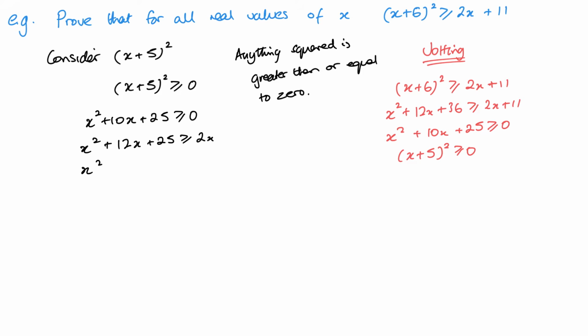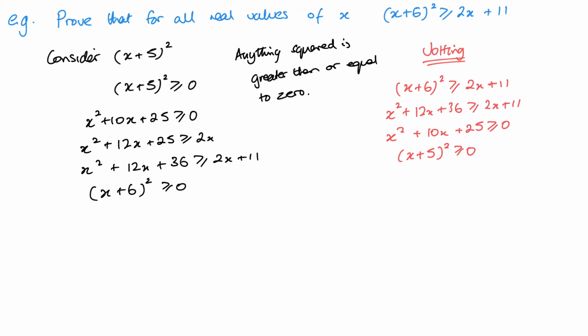Then you can add your 11 to both sides. And then you can refactorize. And something along those lines.